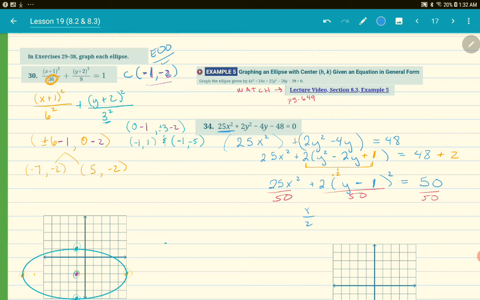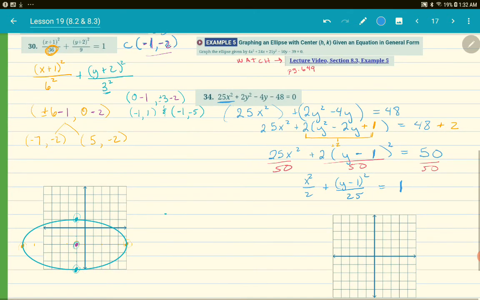So that's x squared over 2, sorry. And then 2 divided by 50 is 1 over 25. So that's y minus 1 squared over 25. And then 50 divided by 50 is 1. So that leaves me with my final standard equation. And then we talked about how to graph that one already.